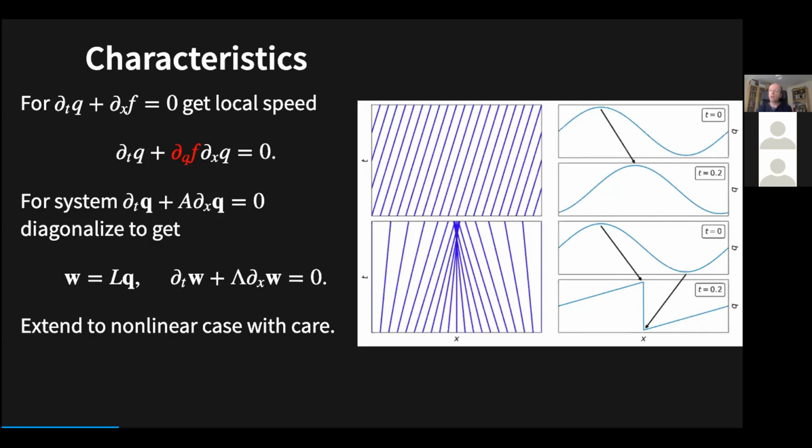Now, in principle, we might think that we could extend this to nonlinear systems, because we could expand out a general nonlinear conservation law in the same way. We'd have d_t q plus d_q f times d_x q equals 0, where now d_q f is the Jacobian matrix, so it's the derivative of a vector with respect to a vector.